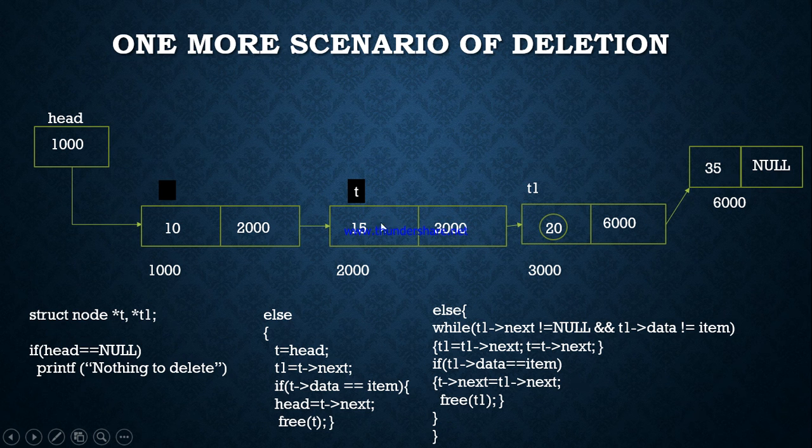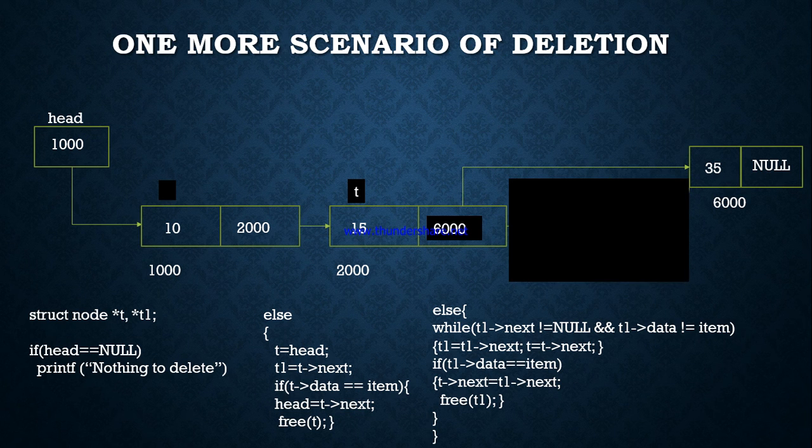T of next is 3000 and T1 of next is 6000, so now we will assign 6000 in place of 3000. 6000 will be assigned here and this link will be created, and then free T1. Also we will delete this node. In this way we can delete the node which contains our searched element.